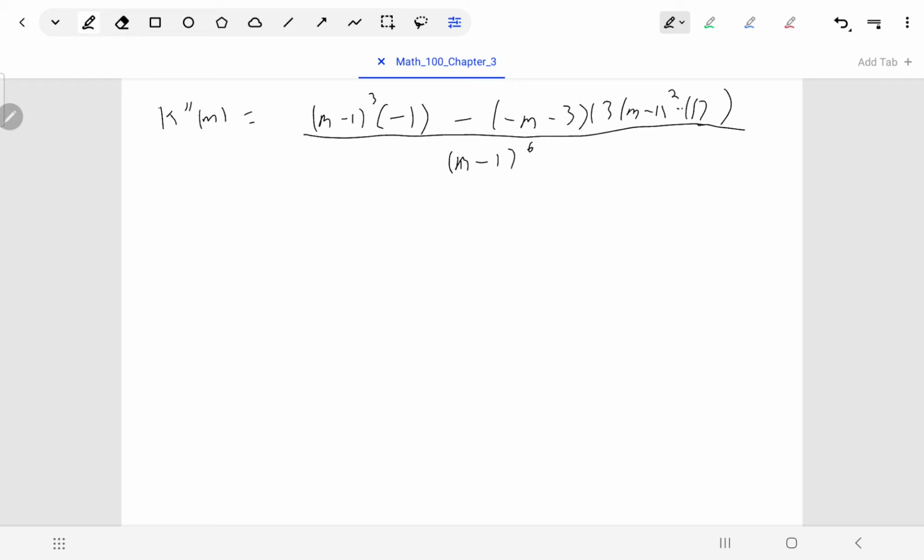Okay, so now the last thing for me to do is just to clean things up a little further by factoring. I have in both terms, I could take out m minus 1 squared.